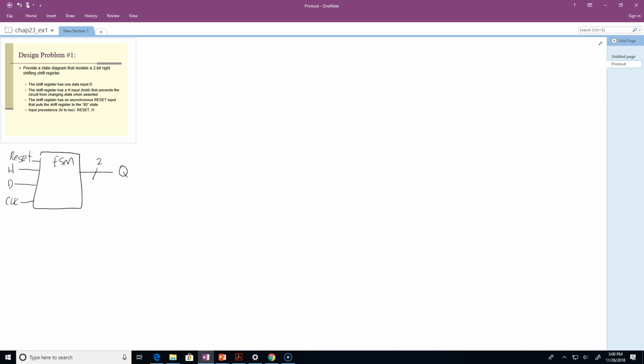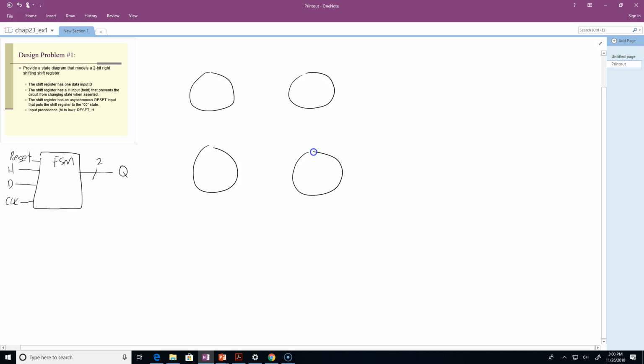And so the first thing to note in these problems is, because it's a 2-bit shift register, it's going to have a possibility of 4 states, which comes from the fact that 2 raised to the power 2 is 4. So the way I like to start off all these problems is to draw those states, right like this, try to keep it somewhat neat.